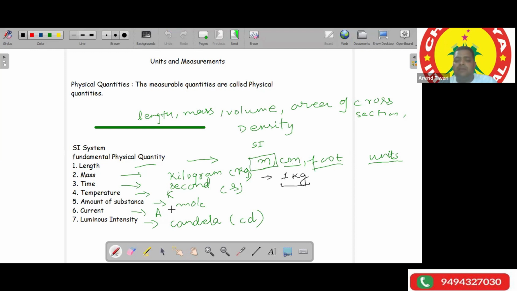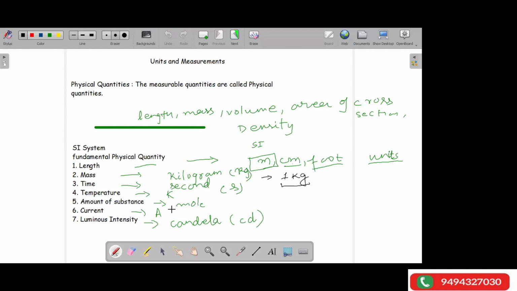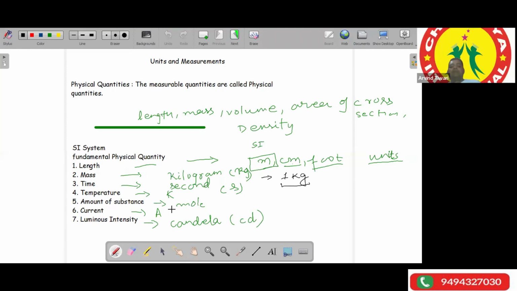What current we will call 1 ampere of current, and what amount of light we will call 1 candela. So these are all the SI system of units, and all the units have been made into a standard, right?